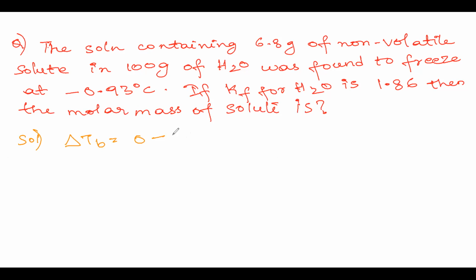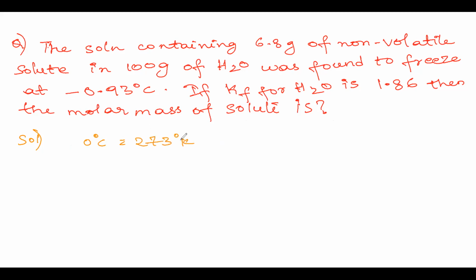How to calculate delta Tf? The solution was found to freeze at minus 0.93, so we take the freezing point of water and change degrees into Kelvins. 0 degrees C is equal to 273 Kelvins.